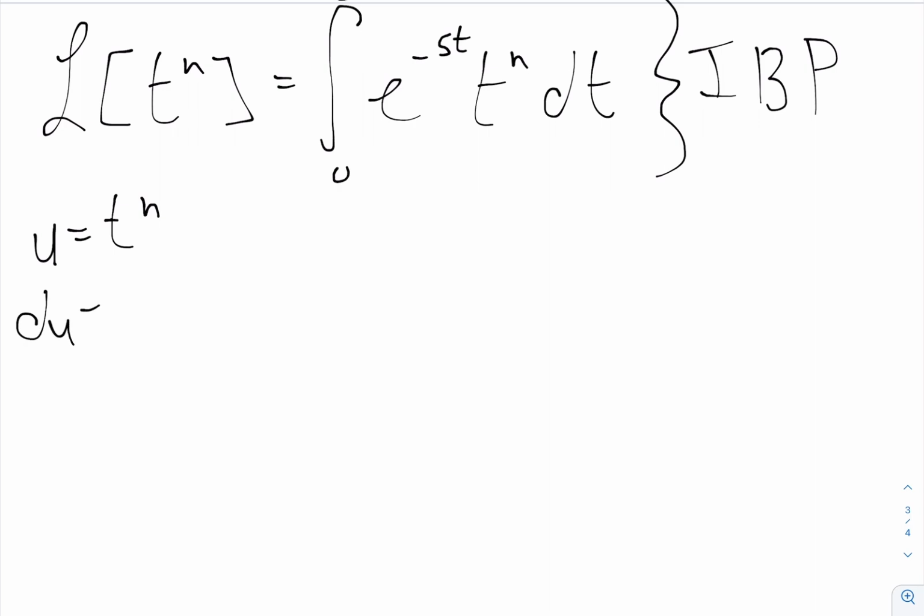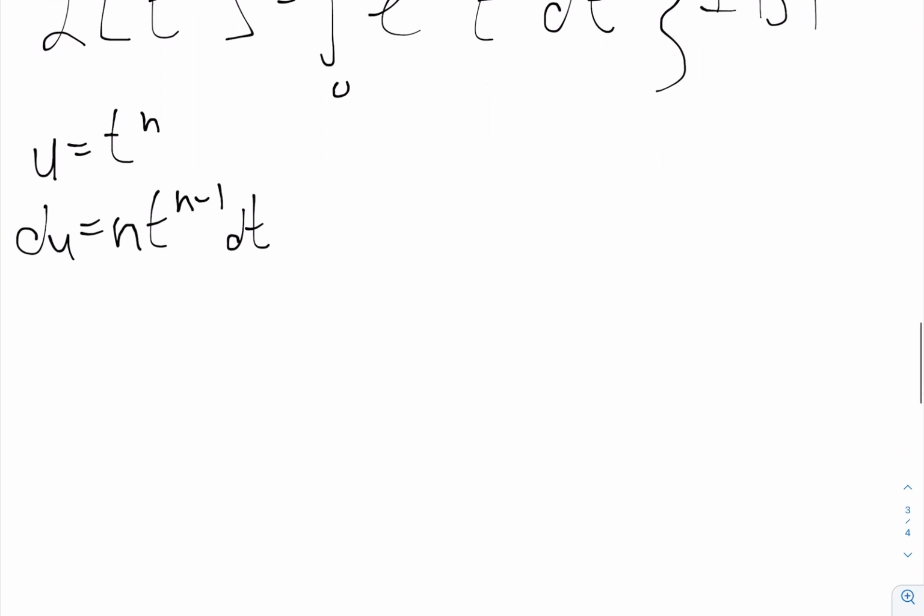That means that du, if we write it generally, is n times t to the n minus 1. Remember, we don't know what n is, we're just leaving it general. And then we need our dt there, of course. And then dv is just the other stuff, so e to the negative st dt.